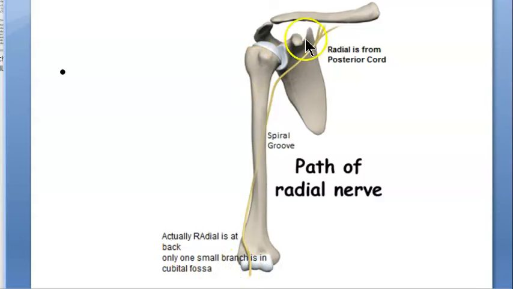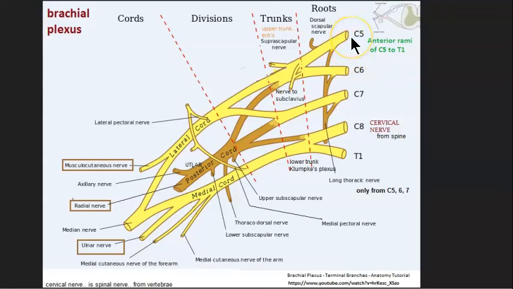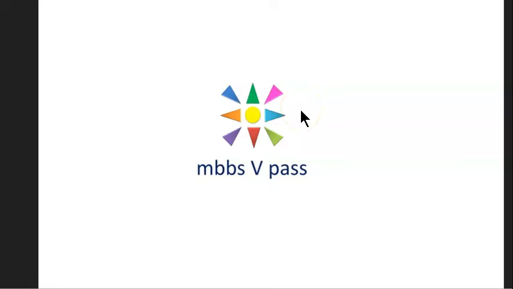The radial nerve root is from the brachial plexus, C5, C6, C7, C8 and T1. The posterior cord gives the radial nerve. But remember, they have not asked you about the radial nerve. They have asked you about the posterior interosseous nerve.